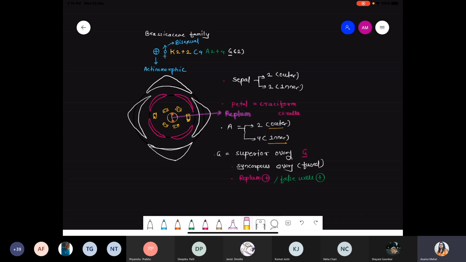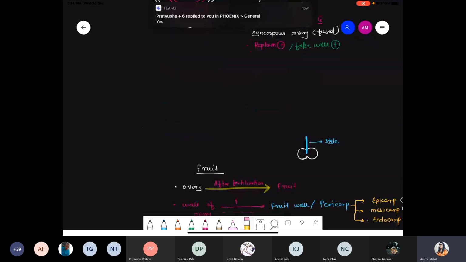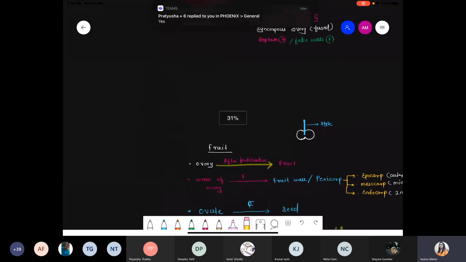Okay, should I continue with the next family? Okay, so next we are trying to understand exactly the difference between the Fabaceae, Solanaceae and Liliaceae families. So number second.